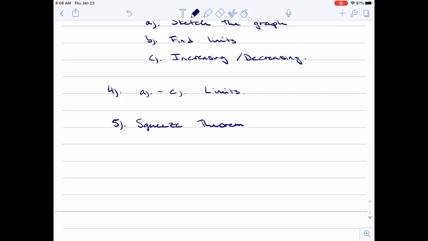The squeeze theorem, to give you a heads up, is just if you know the limit of this function and you know the limit of this function, then a function between those two, well, if these two limits are the same, then that function in the middle has to have the same limit as the other two functions, right? So it's being squeezed by the other limits. So that's what we'll talk about today. And the squeeze theorem is actually kind of fun.